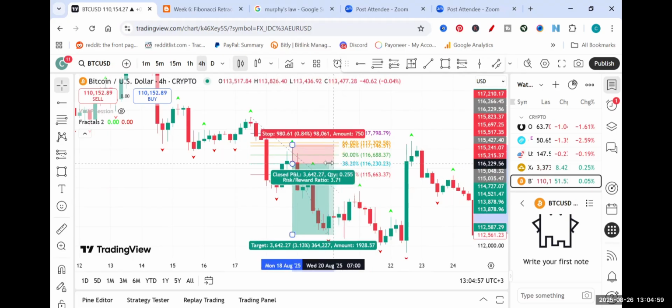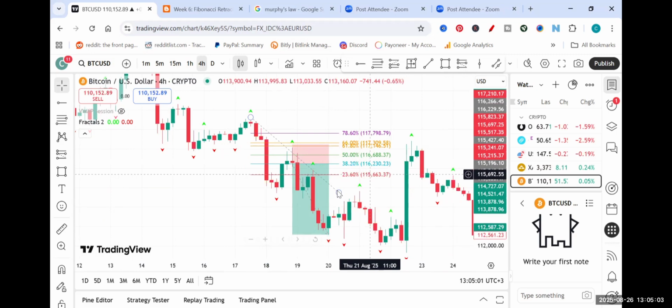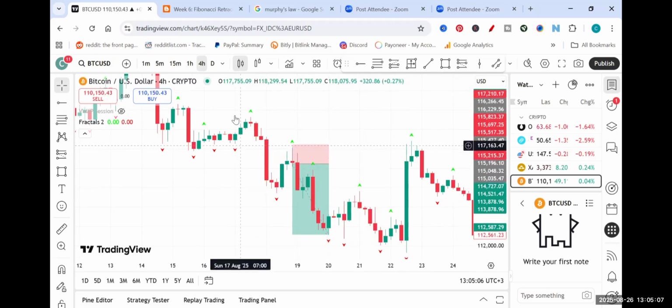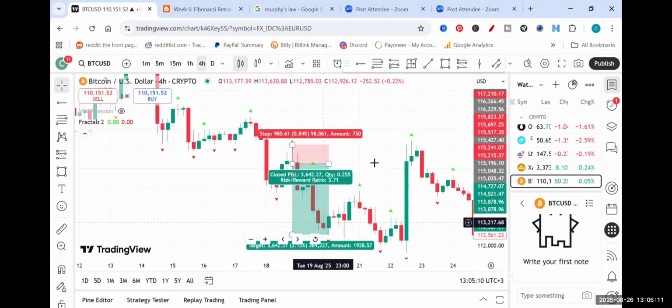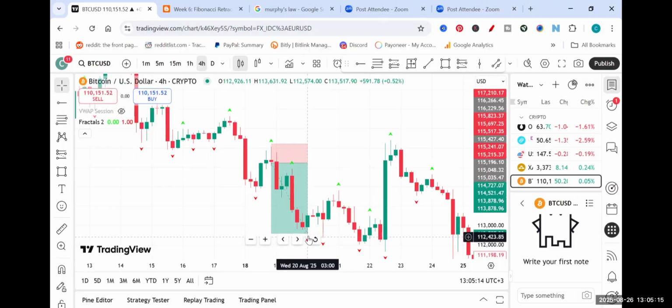I don't know if you have any more questions. So it came as 1, 2, 3, so this is a sequence: 1, 2, we got another Fibonacci, we got another Fibonacci, and then we have one more, which is this one.